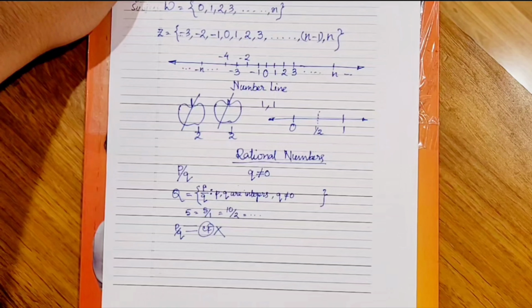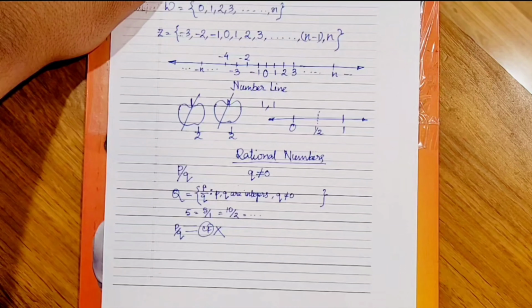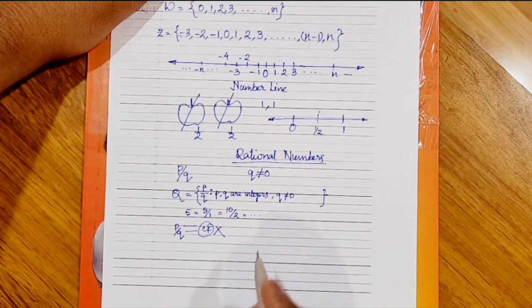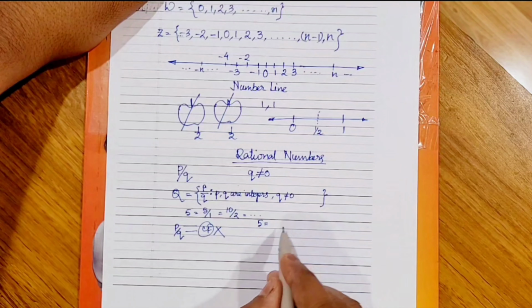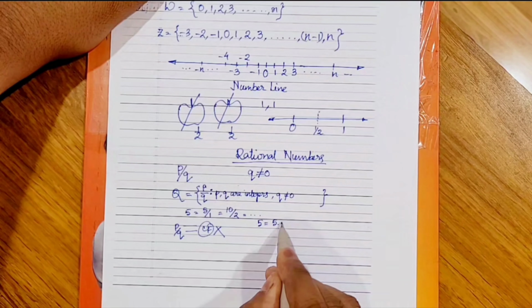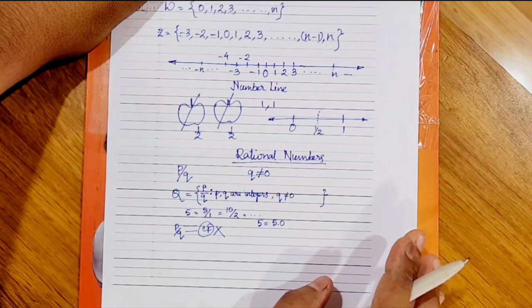While dealing with the rational numbers, you should also keep in mind that every rational number can be expressed either as a terminating decimal or as a non-terminating recurring decimal. Now what do we mean by that? 5 is a terminating decimal number because 5 is basically 5.0. So there is a decimal point and after that it stops there.